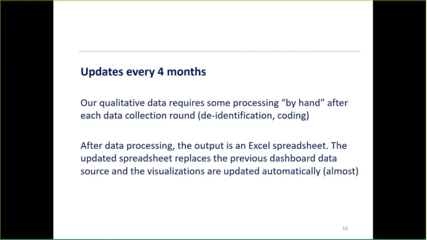So that said, there is a process I have to go through in R where I do that and convert the raw data into a format and content that we'll use for our dashboards.